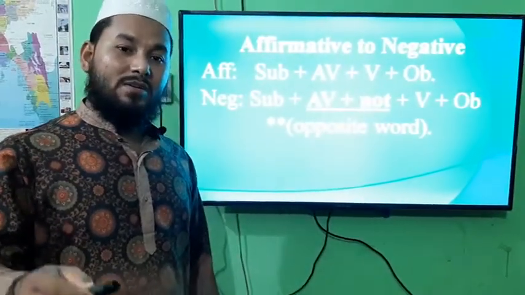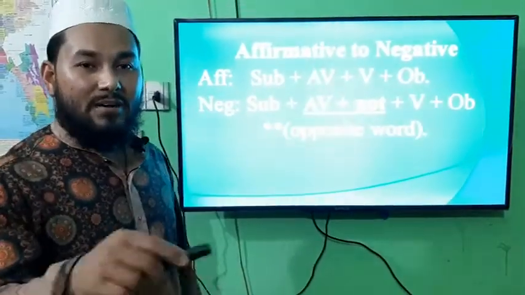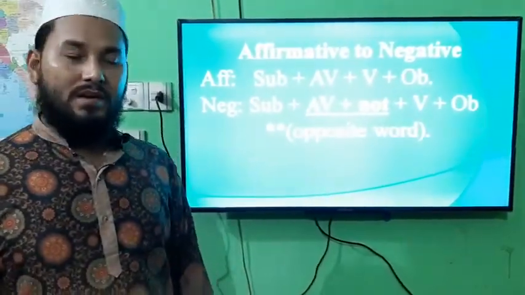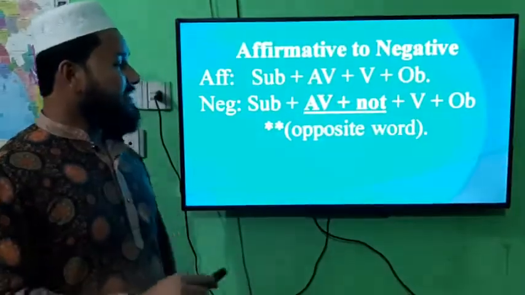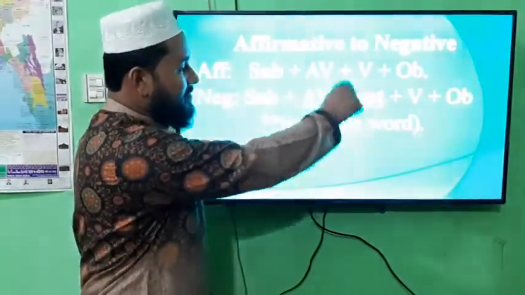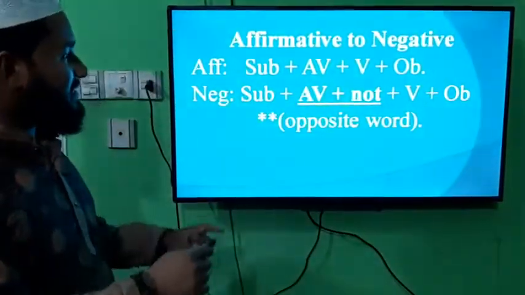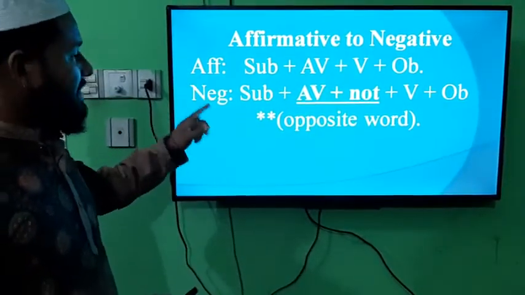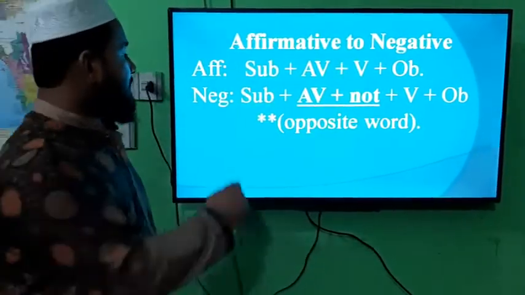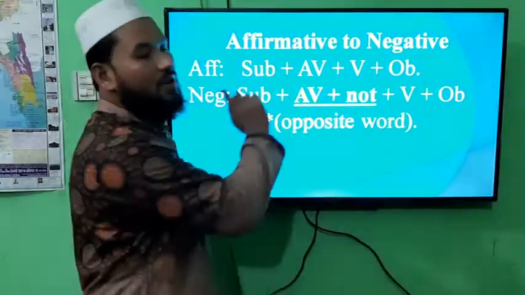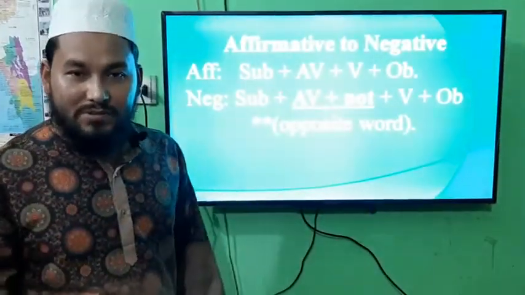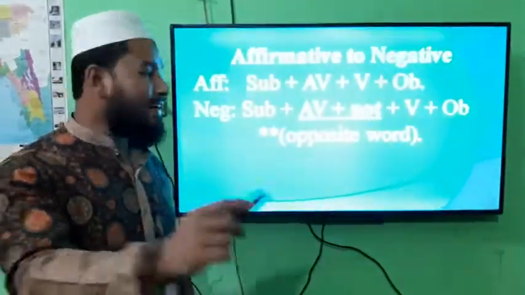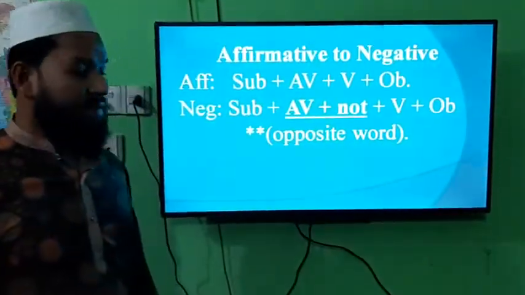It will all the time take place after the auxiliary verb. Okay, so I think you have got the comparative structure of affirmative and negative. In a negative sentence we have to use not, and where will you use it? We will use not after the auxiliary verb.